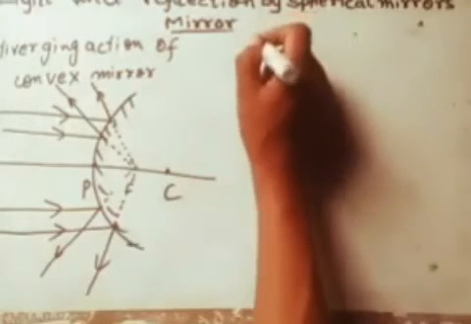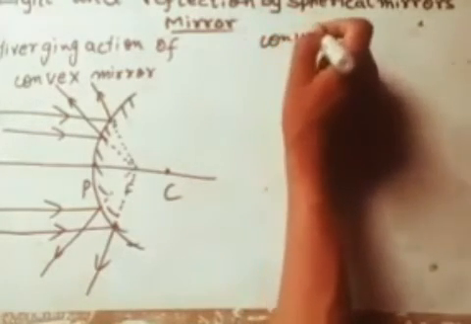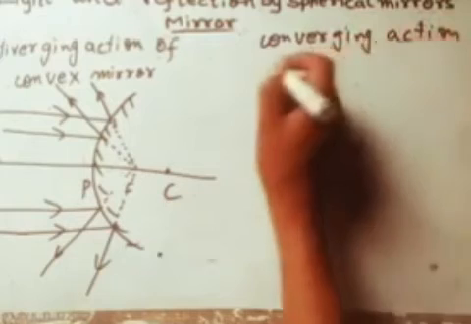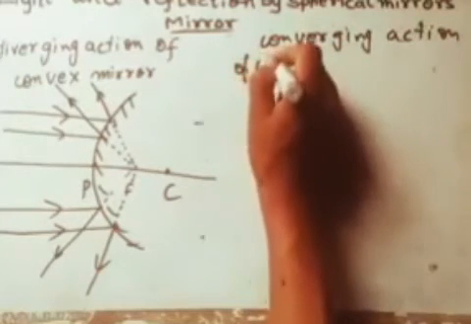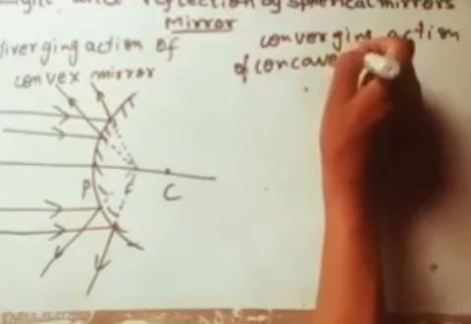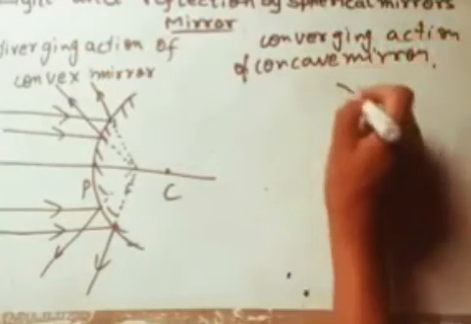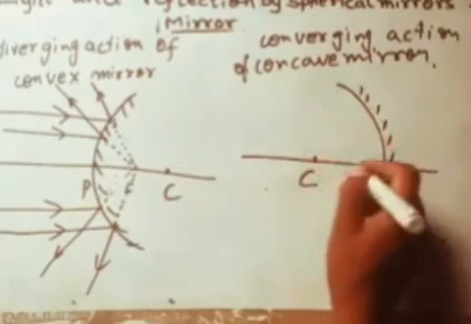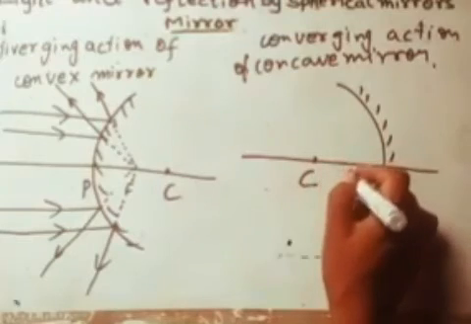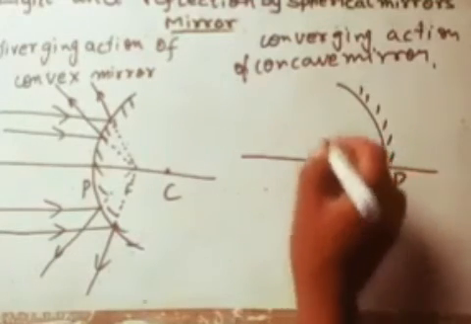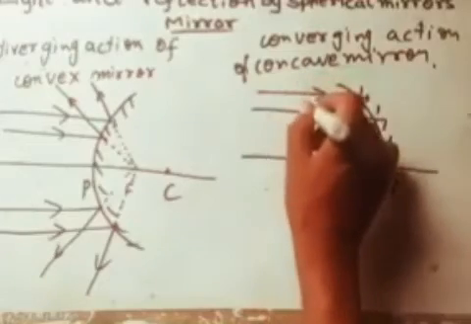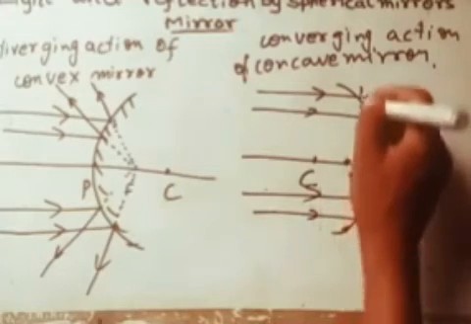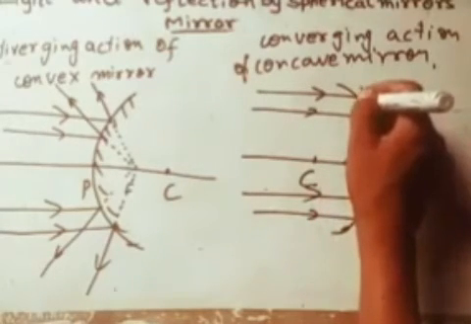In the same way, converging action of a concave mirror. Here it is C, here it is F, and it is P. So these are the rays, and they will pass through the focus.